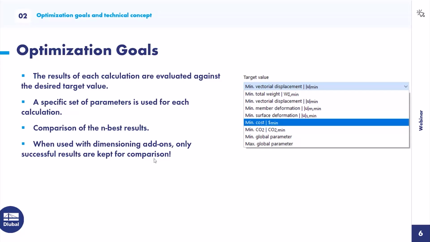So if you have a calculation which includes errors or inappropriate design checks, it won't go into the comparison at the end. We will see this in our examples, but this is something important to have in mind if you work with optimization.